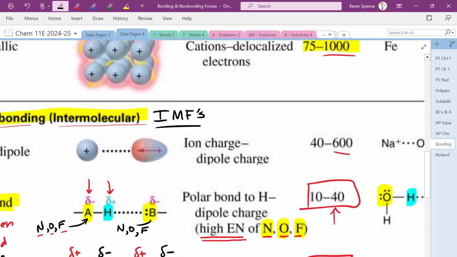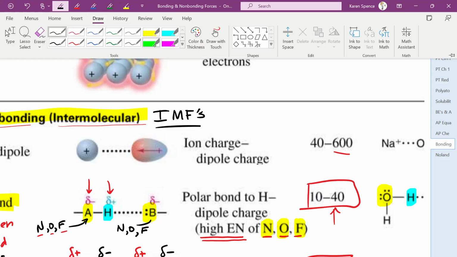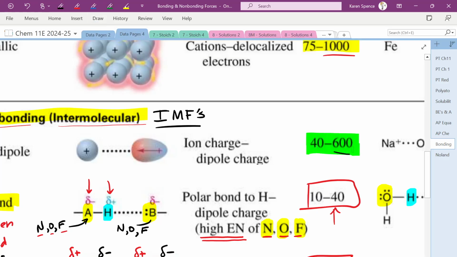And these numbers over here show that it takes between 40 to 600 kilojoules per mole to break those IMFs.